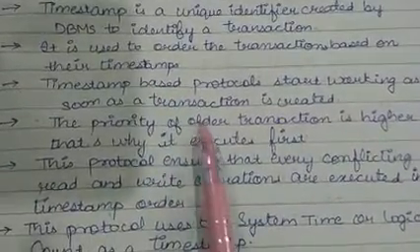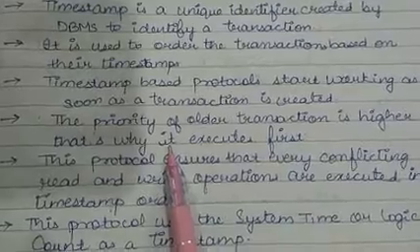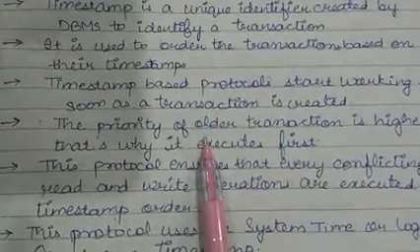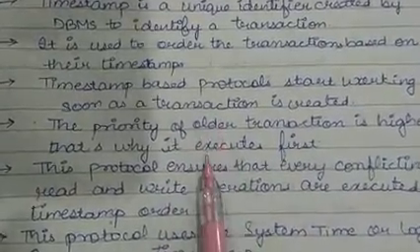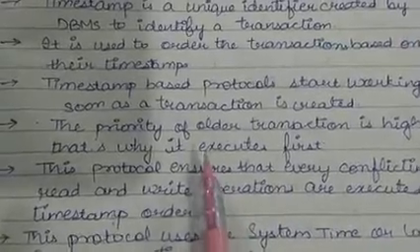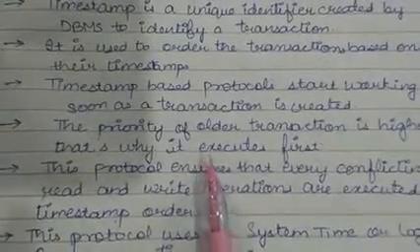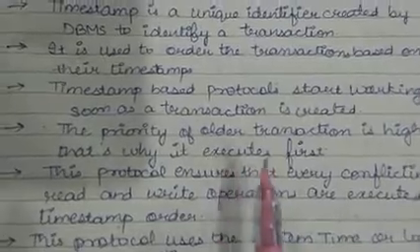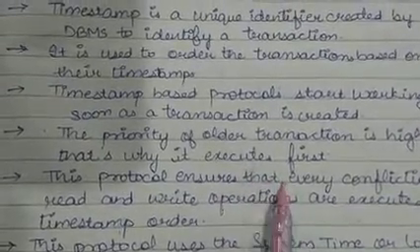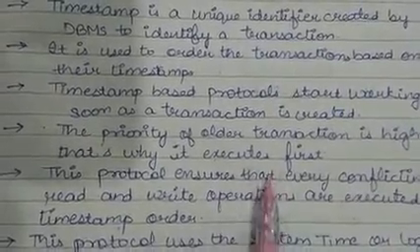The priority of an older transaction is higher, that's why it executes first. On the basis of timestamp, the transaction which comes first is considered the oldest transaction, and the transaction which comes last is known as the newest transaction.